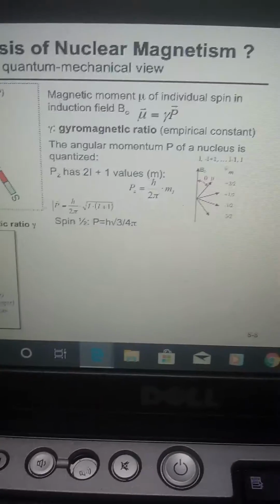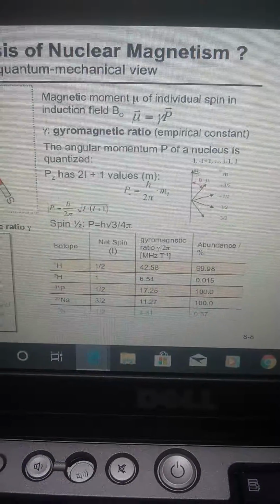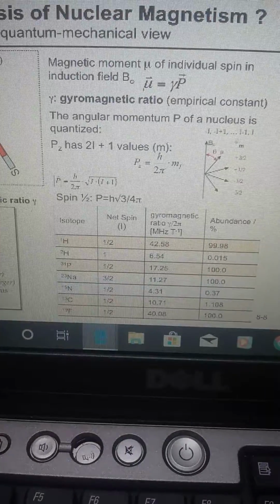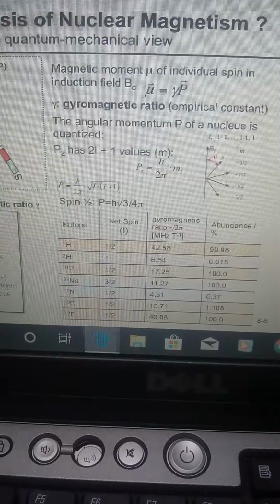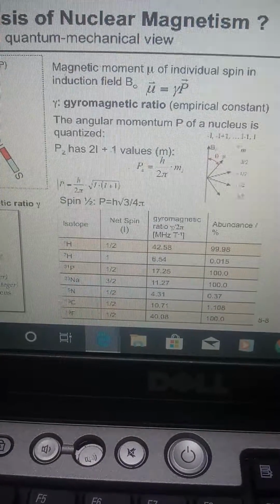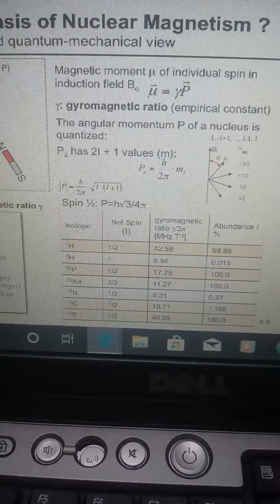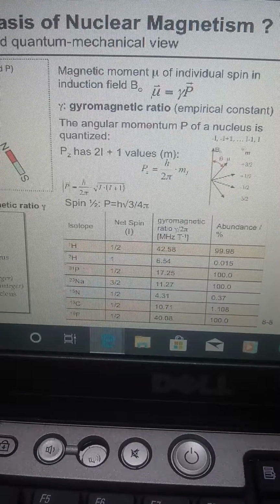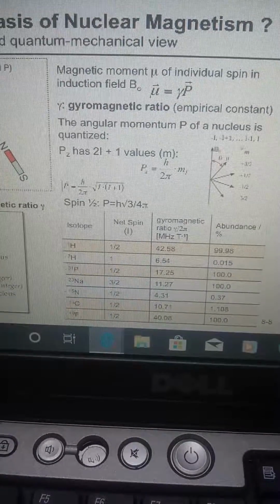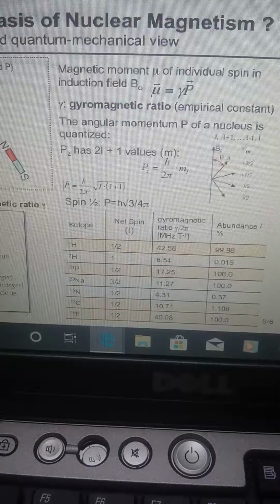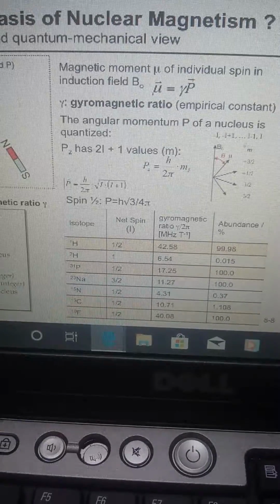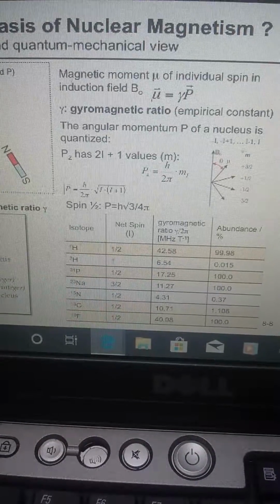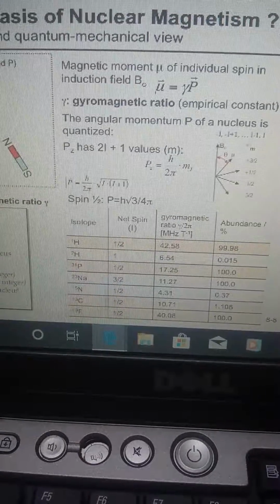Now let's look at some examples here. We have the isotope listed, the spin, the gyromagnetic ratio, and here we list the gyromagnetic ratio divided by 2 pi, so this gives us a number that relates the Larmor frequency to the Teslas.